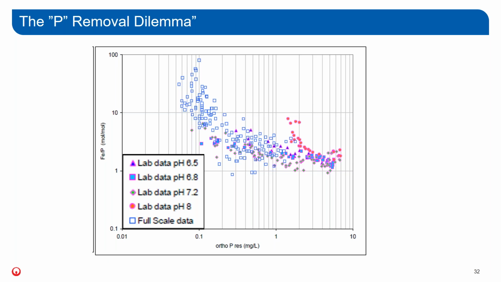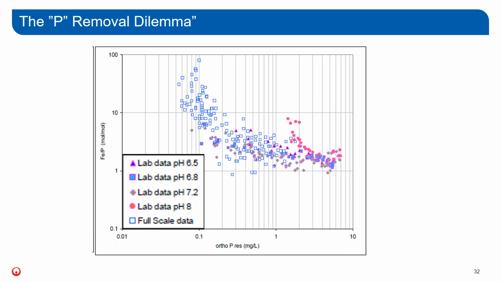What you're seeing here on the graph is the log concentration of coagulant. In this case, it's an iron-based coagulant. It could be aluminum as well, but usually in order to normalize the data, we will be talking about iron coagulant. And on the log scale, what you see is the consumption on a mole per mole basis of iron per the amount of phosphorus removed.